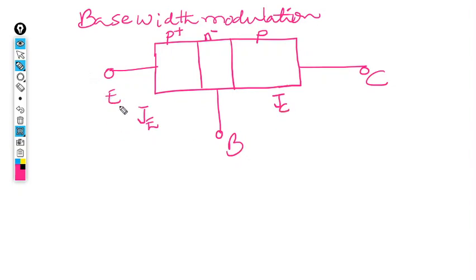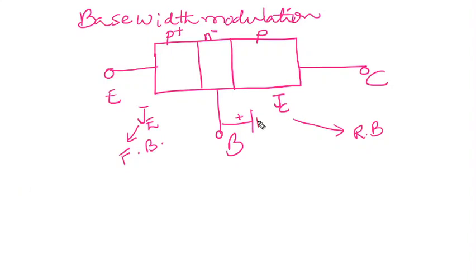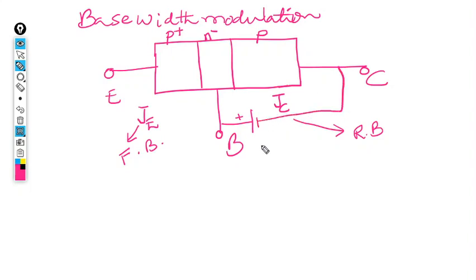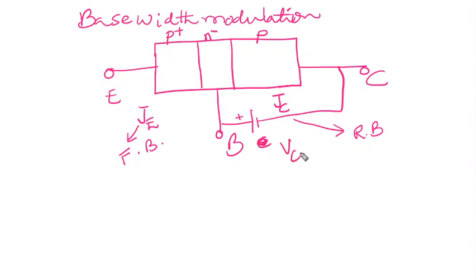In the active region of the transistor, the emitter junction is forward biased and the collector junction is reverse biased. When it is reverse biased, the connection is like this: N type is connected to the positive terminal and P type is connected to the negative terminal, and this voltage is nothing but our VCB.